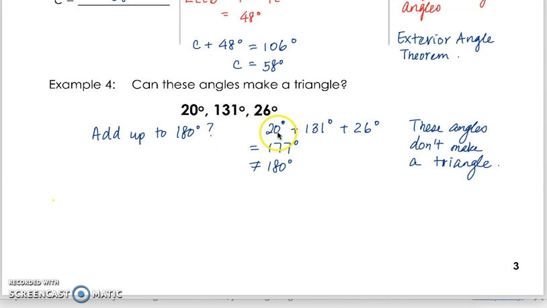So when we add up 20, 131, and 26, if it adds up to 180, that's a triangle. If it adds up to a different number, then it's not a triangle. And they happen to add up to 177 degrees, which is not 180 degrees. Therefore, we can draw the conclusion to say that these angles don't make a triangle.